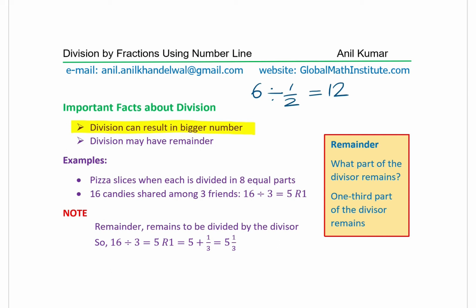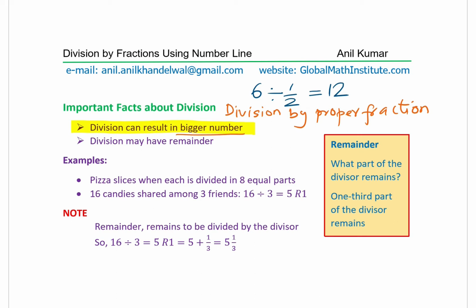So whenever we are talking about division by proper fraction, we expect bigger number as a result, like you've seen here, right?